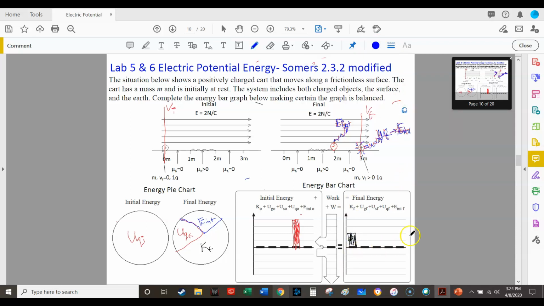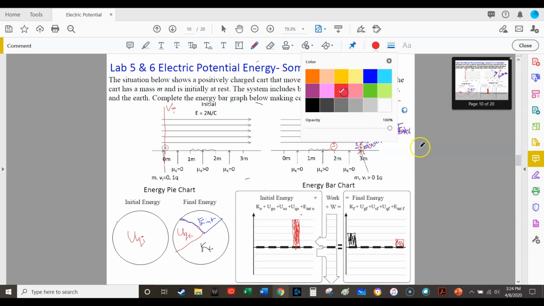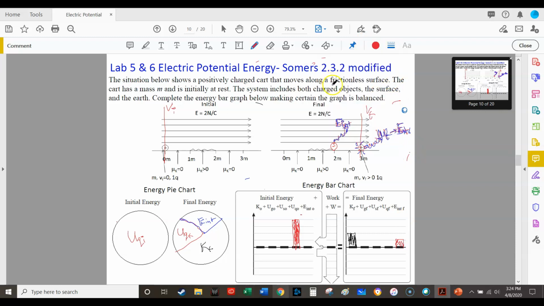And I'm going to say that one of those blocks is our heat, that kinetic energy that friction turned into heat, and 1 block of potential energy due to electricity. So that's what I'm imagining as the pie charts and bar charts.